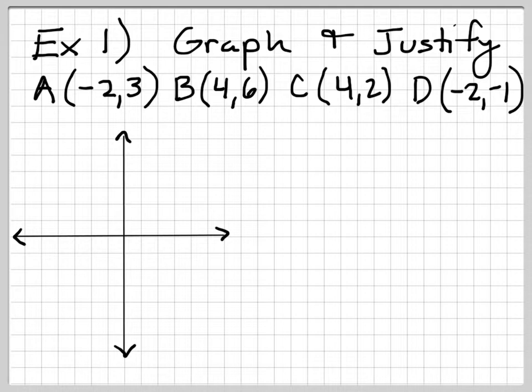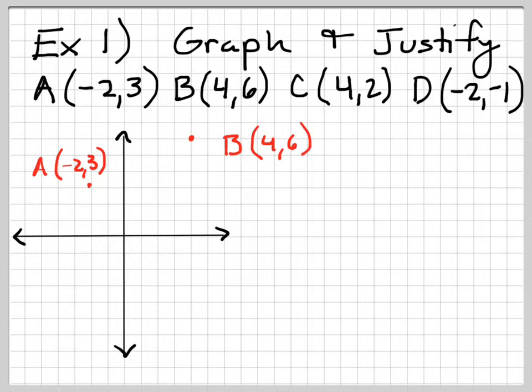I'm going to plot A first. So I'm going to go -2, up 3. This is A, -2, 3. And then I'm going to do B. B is to the right 1, 2, 3, 4, up 1, 2, 3, 4, 5, 6. B is 4, 6.